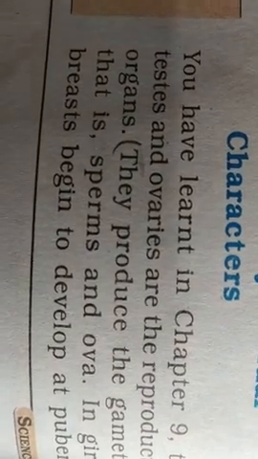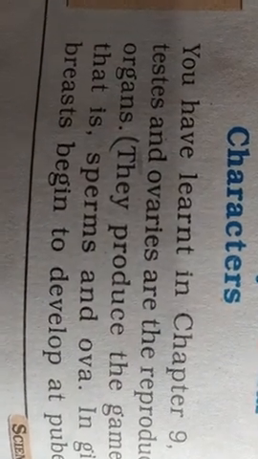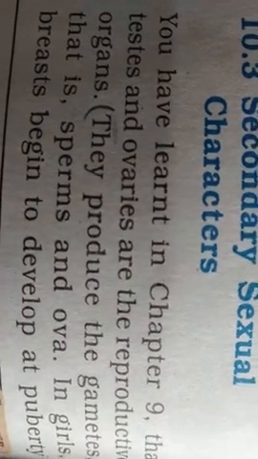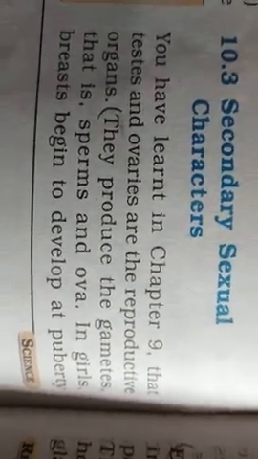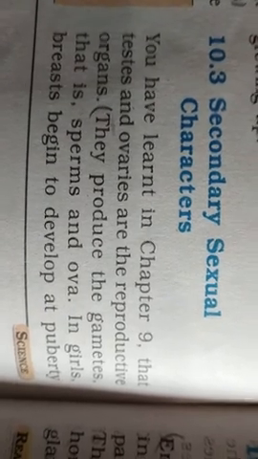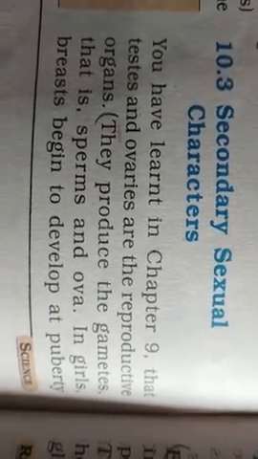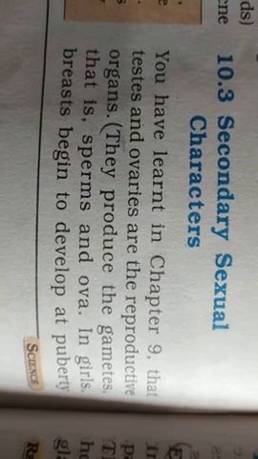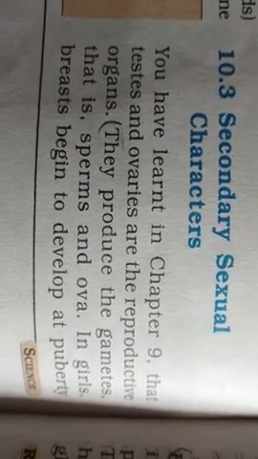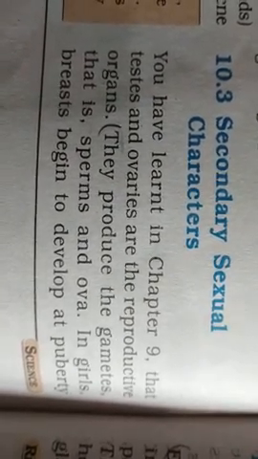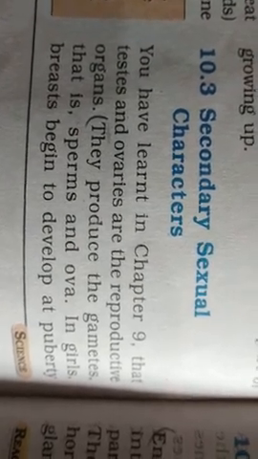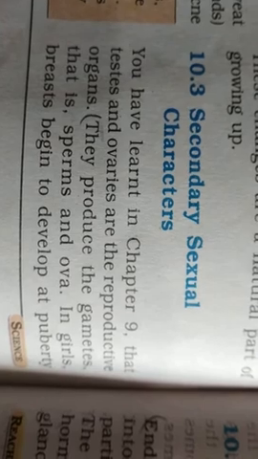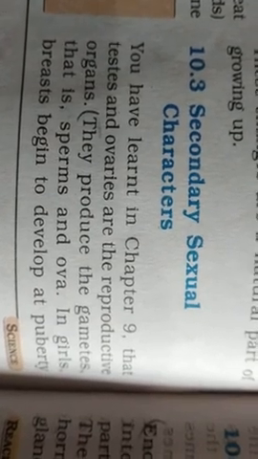The production of these hormones is under the control of another gland, the pituitary gland. All the other glands present in our body, whether the endocrine glands, the thyroid gland, the adrenal gland, whatever the glands, all work under the pituitary gland.